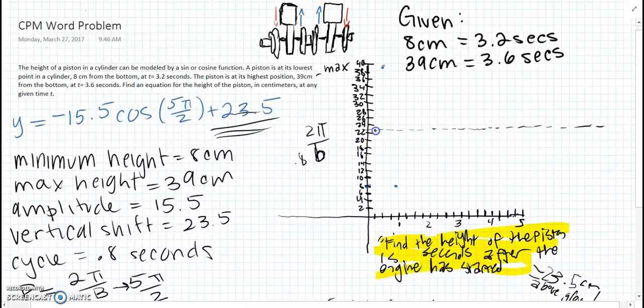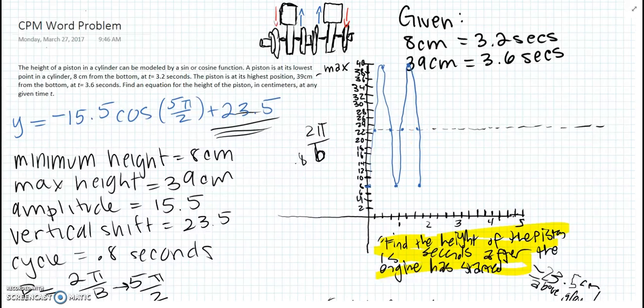And at 0.6, which would be around here, we'll reach the midline again. And we just replicate this once again. So we go to another 0.8, which would be here, and this would be the starting point. We go to another 0.4, which would be halfway between these two, and it's another maximum point. 2 more midline points, and we have a hand-drawn piston equation graph.